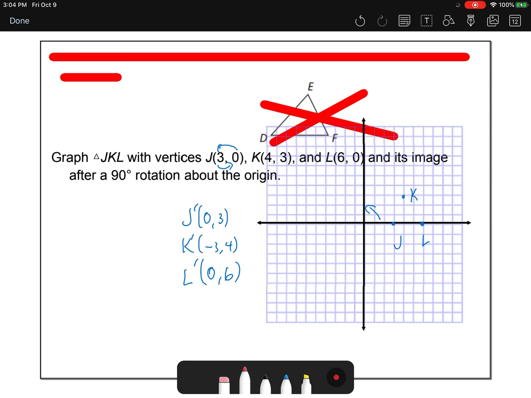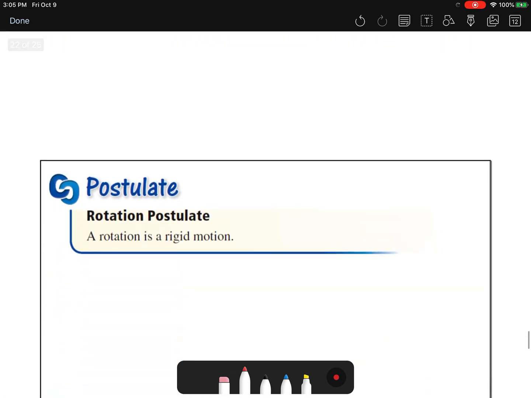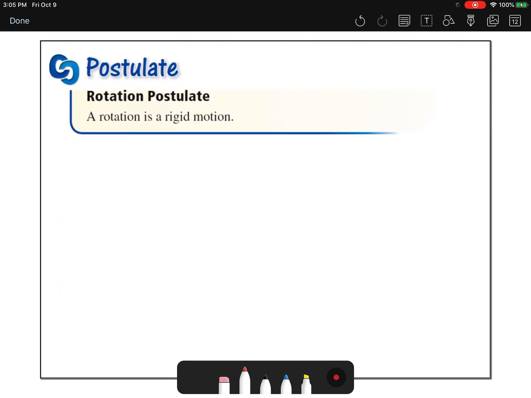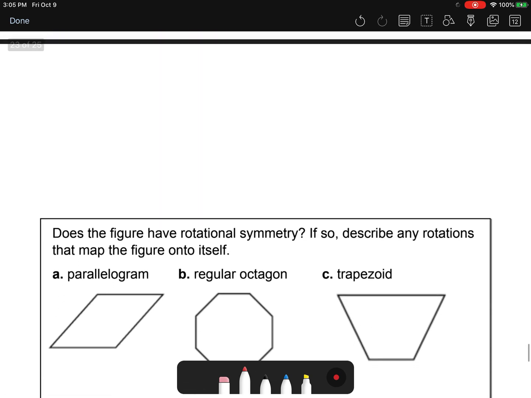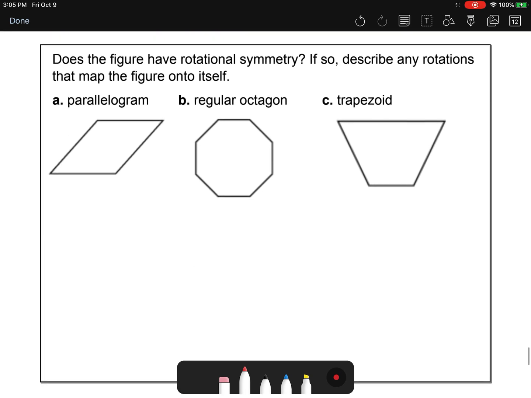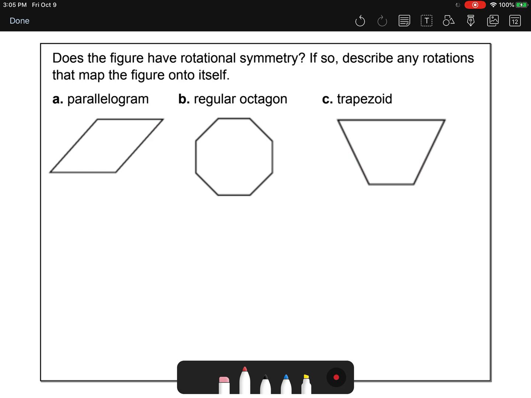So if we rotated this correctly, J prime would be here, K prime would be negative 3, 4, and L prime would be 0, 6. And guess what? There it is, at 90 rotation. And we used the rules, because the rules are much better to work with. Rotation keeps the shape the same, so it's rigid.